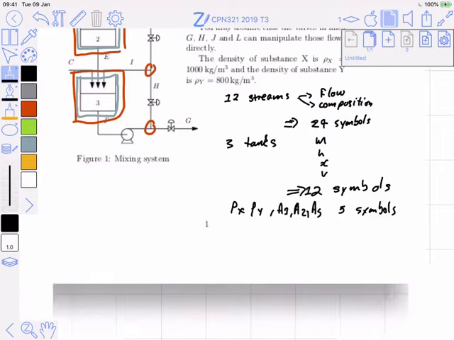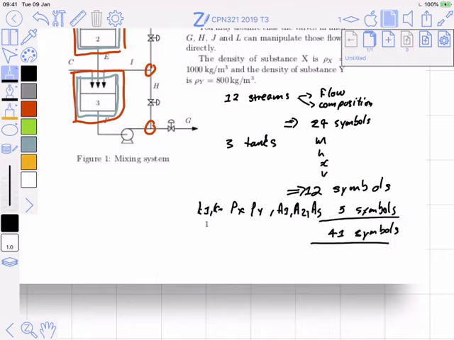And so our total number of symbols now is 41. Is that right? 12 plus 24 plus 5 is 41. Yes. Yes, well, good catch. So K1, K2.